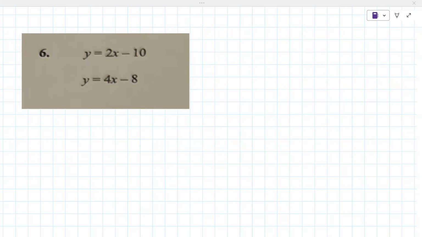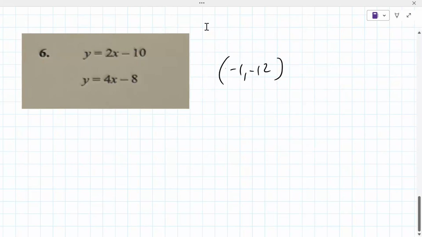X equals -1. Okay, that is correct. Go ahead and find the y value. And then for the y value, I got -12. Good.